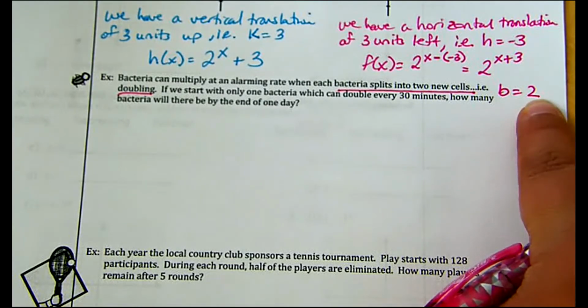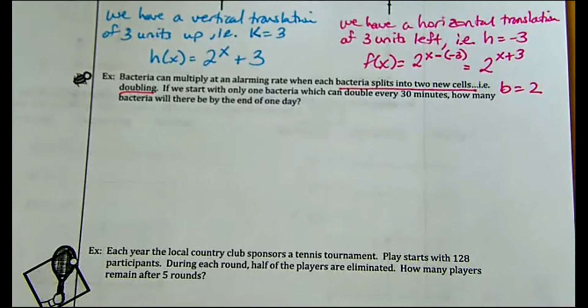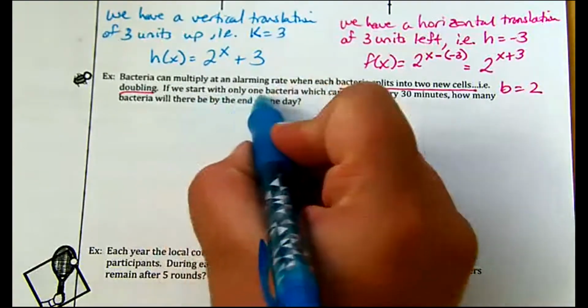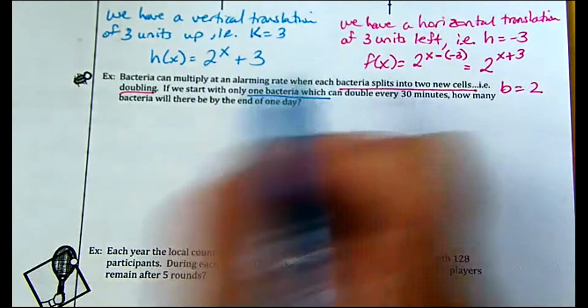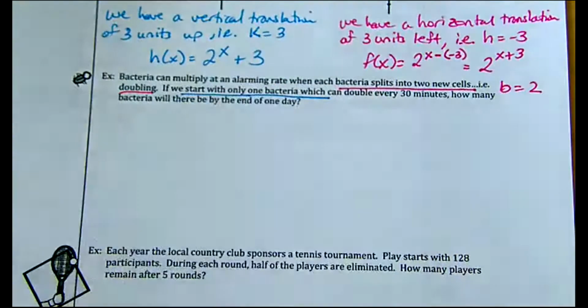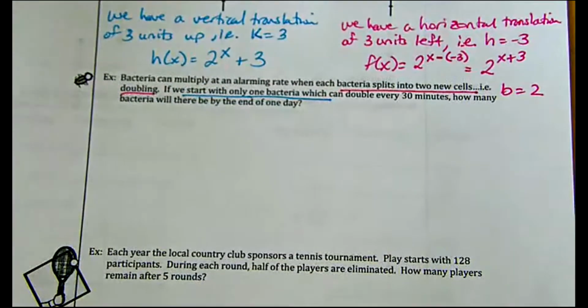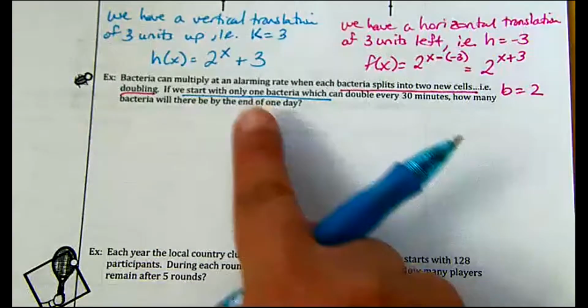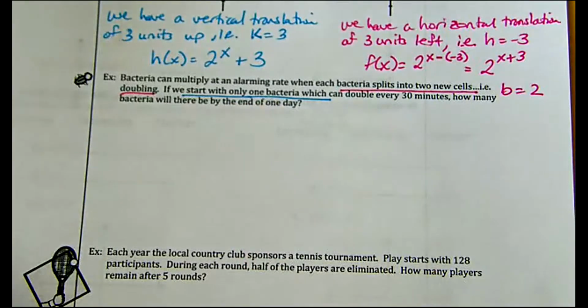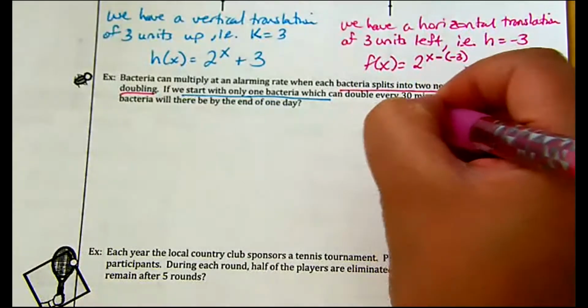Okay. It says if we start with only 1 bacteria, what information did that just give me? We know our B equals 2.